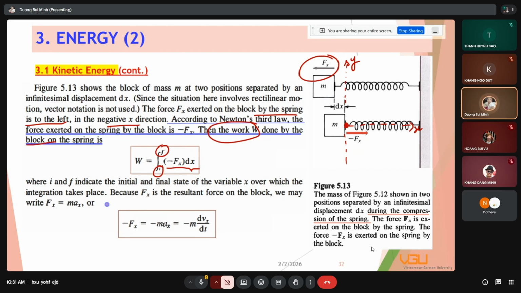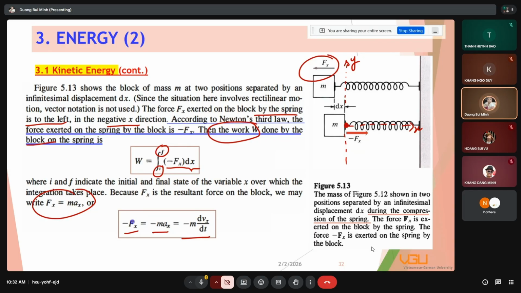And then when we apply Newton's second law, Fx is m ax, and minus Fx means minus m ax, and ax is the derivative of vx with respect to time. You get minus m dvx over dt.